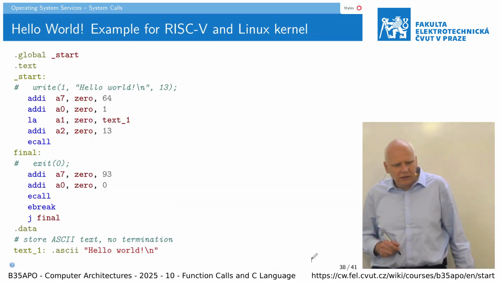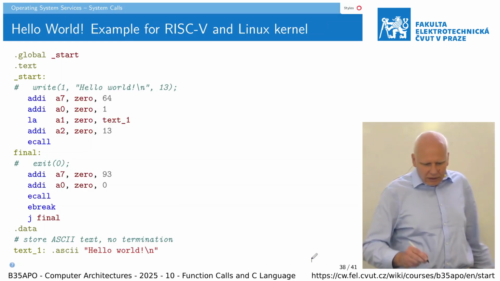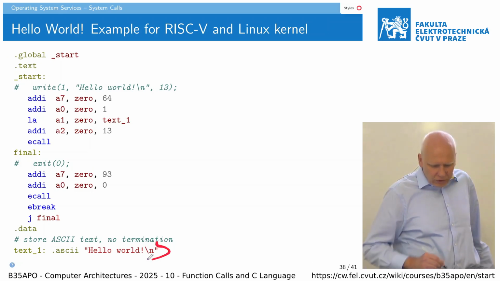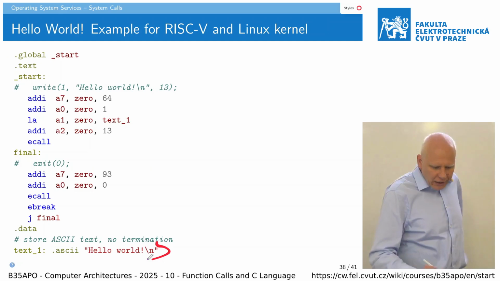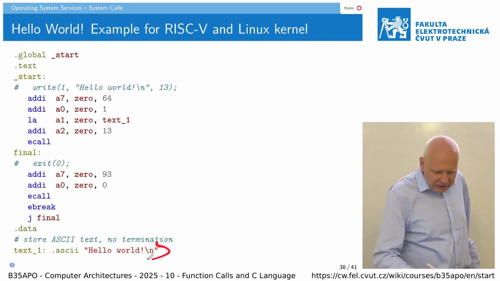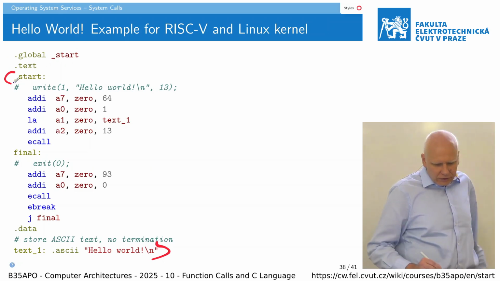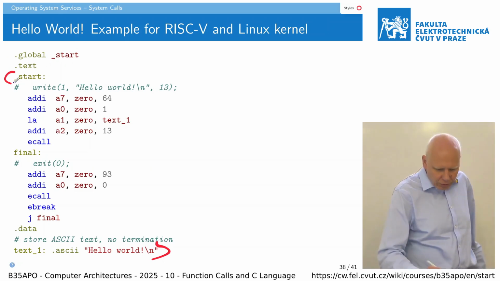So this is a simple application, the Hello World, which you can find even in our RISC-V simulator or something similar. In this case, we have there the start of the code of our program.